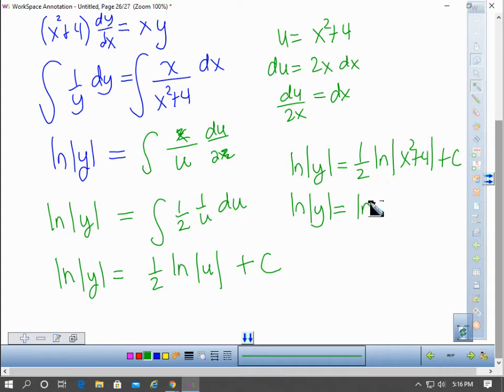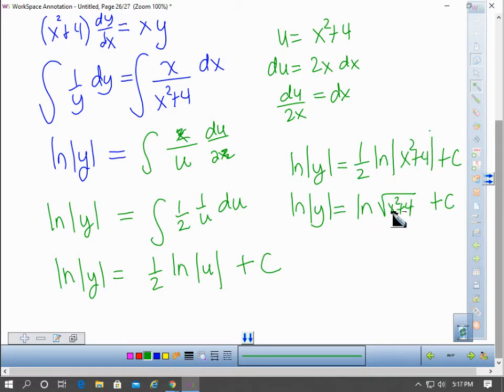So that's going to be the natural log of the square root of x squared plus 4, and then plus c. Now, I can't take the square root of x squared plus 4 and call it x plus 2. Because remember, when you do a square root, you have to add all this together first before you take the square root. So that cannot be simplified. So moving that 1/2 to the back makes a square root over the x squared plus 4.